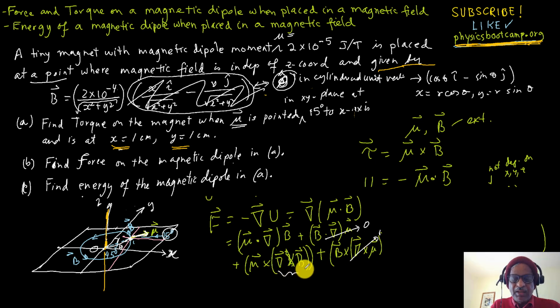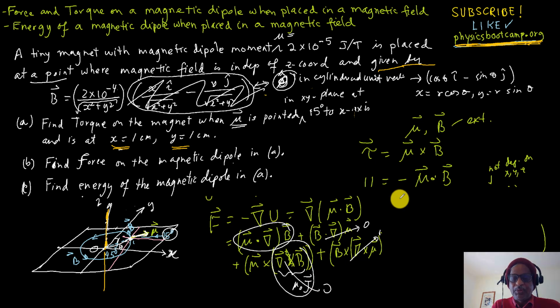But this one is actually mu naught J, which is current density, and at this point there is no current density. Current density is only on the z-axis for this particular magnetic field. So this is actually 0, and this is the only term that's left.